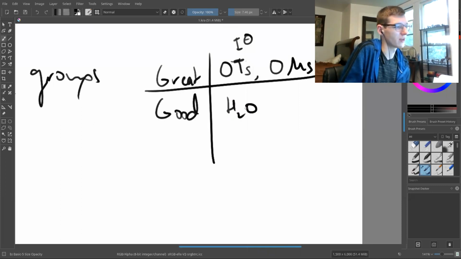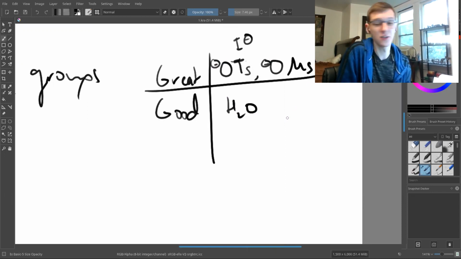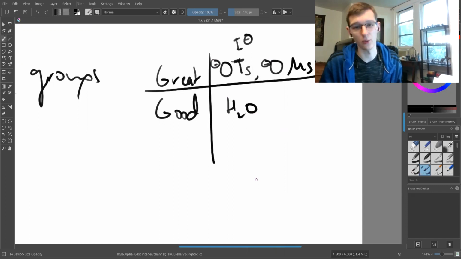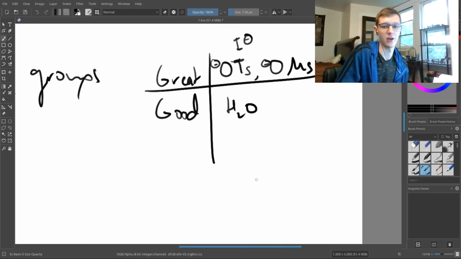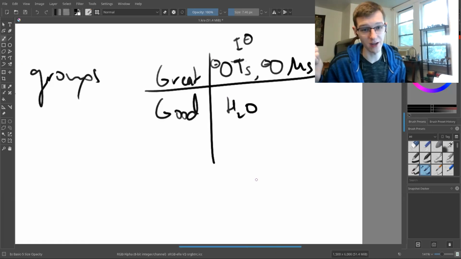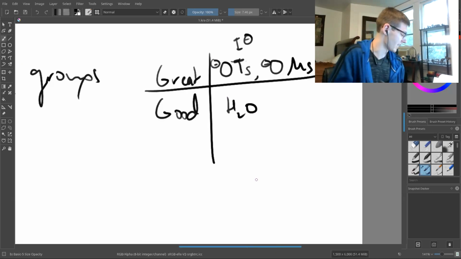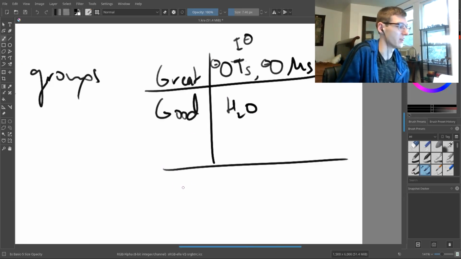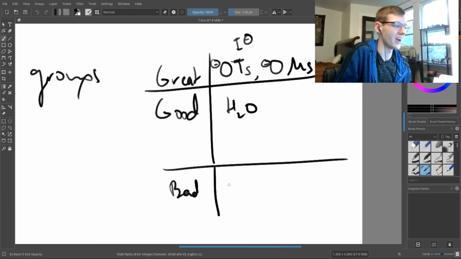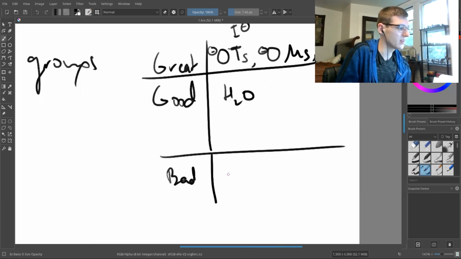So good leaving groups: water. I should write these as ions. So if you're pulling off an entire water, then it's a pretty good leaving group, right? If you're pulling off an OH minus, that's not a good leaving group. In fact, that's a pretty bad leaving group. So bad leaving groups, we would write like OH minus.